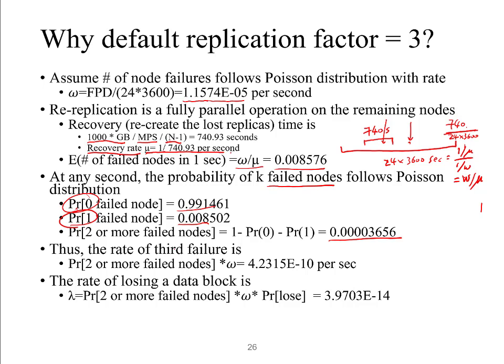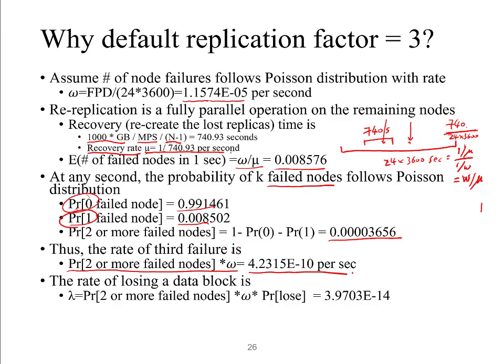So for the third failure, we do not need to consider the recovery, which leads us to this. The rate is like this. We use the probability of having 2 or more failed nodes times omega, the failure rate of the third one. Here we don't consider the recovery, and we have this number.